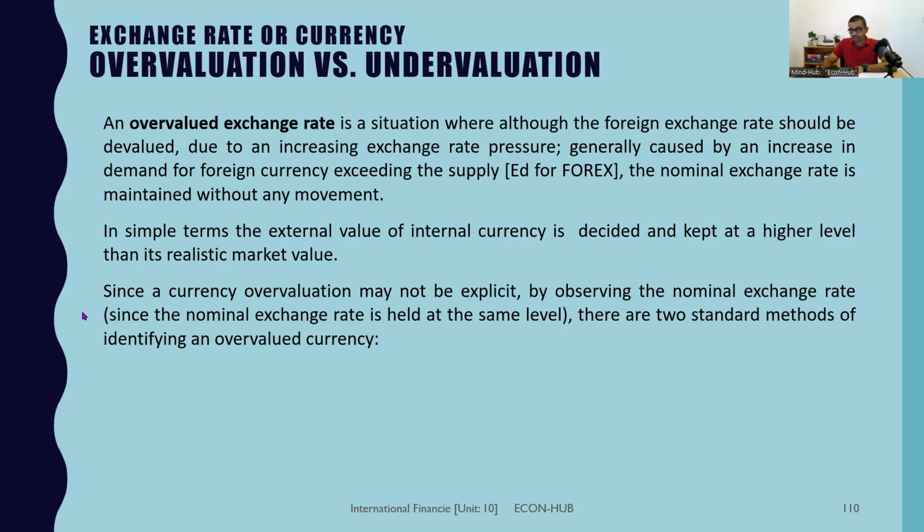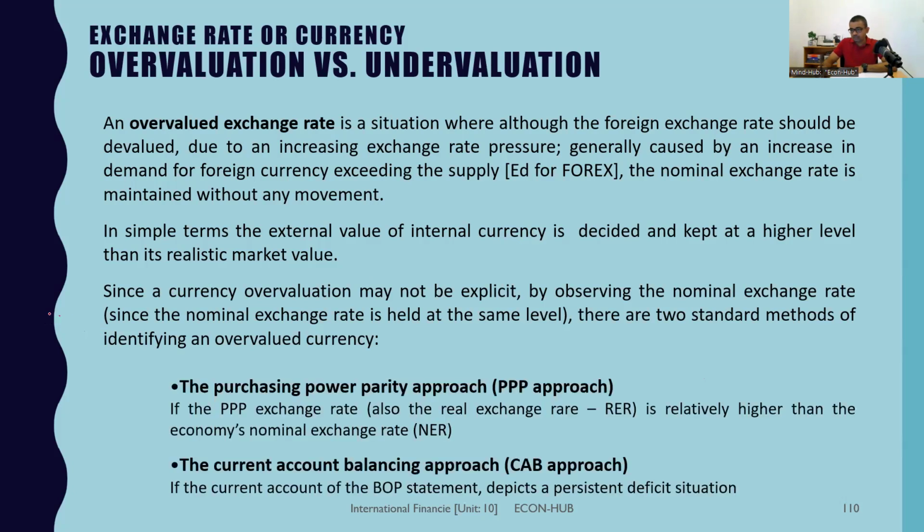Because this happens in a fixed system, and remember the nominal exchange rate doesn't change. So we don't see any change in the market. We don't see any change in the exchange rate. So then how do we know our exchange rate has been overvalued?